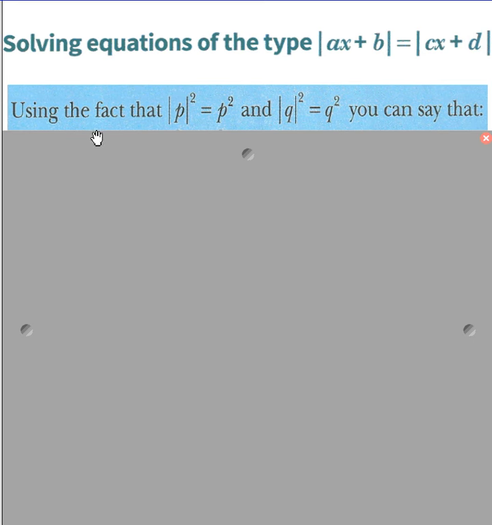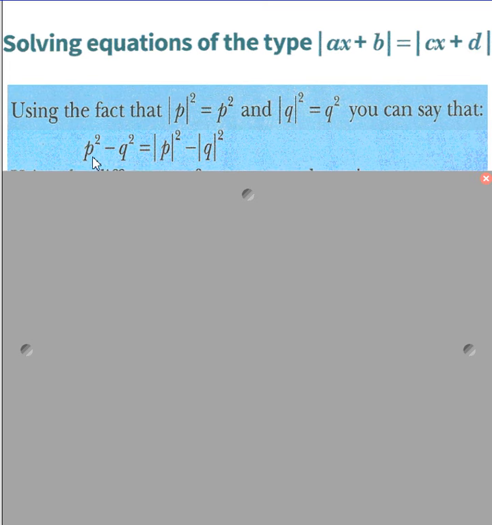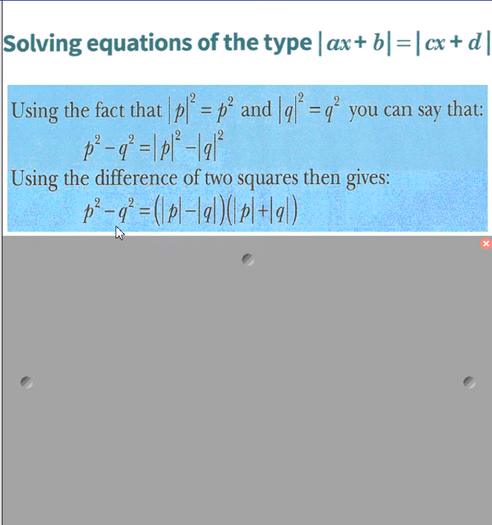So before that, just see a few concepts which you need to recall. Modulus of p squared is equal to p squared, same is for q squared. Then p squared minus q squared is equivalent to modulus of p squared minus modulus of q squared. And this can be written like this.